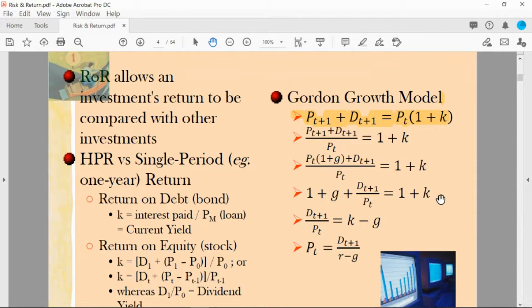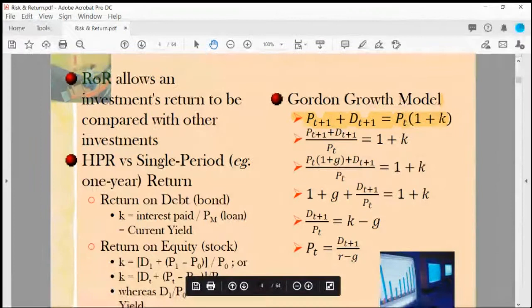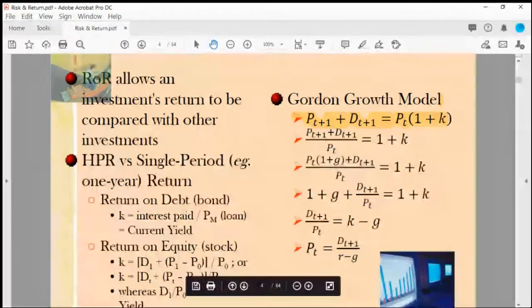This is how I derived it when I was a graduate student. This is the way I cracked it, because for me it was really a mystery. Why in the denominator, how did that G come into the denominator?